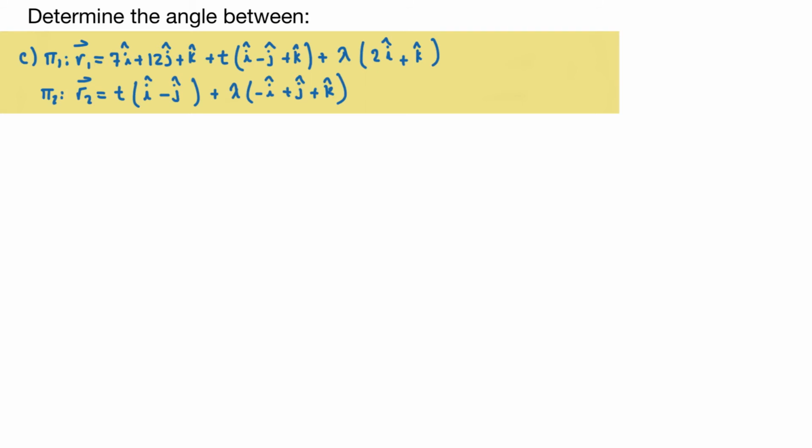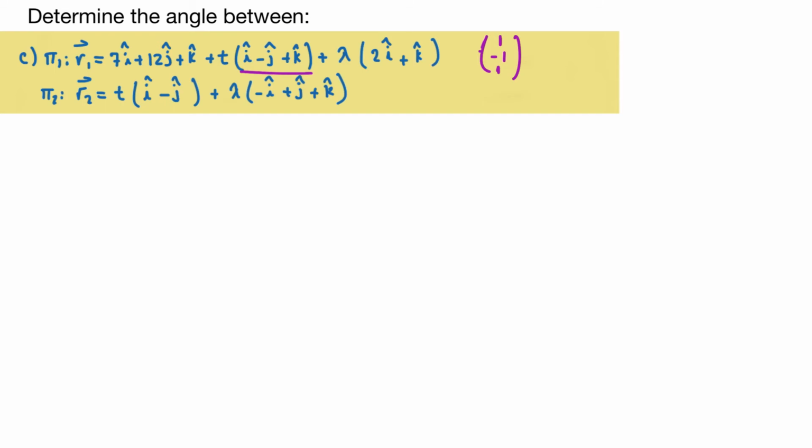For the first one, the ones that correspond to parameter t are going to be 1 for i, -1 for the y direction, and +1 for the z direction. So those are the coefficients of the unit vectors i, j, and k.